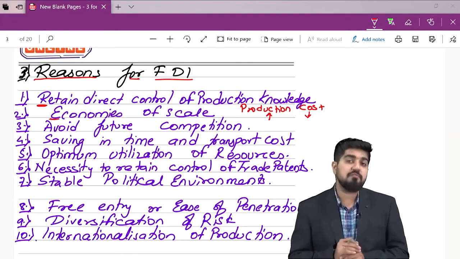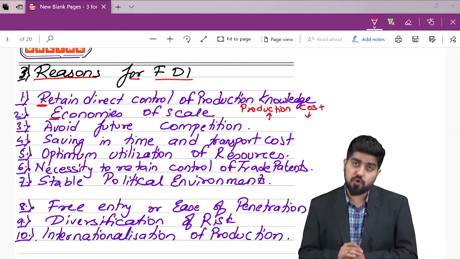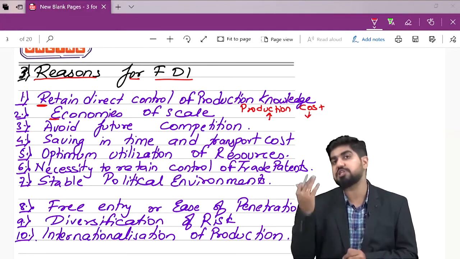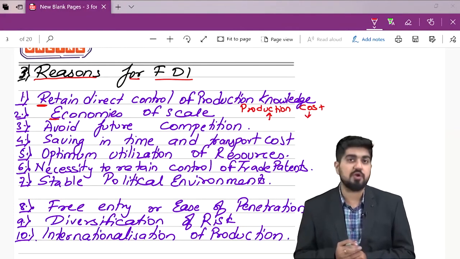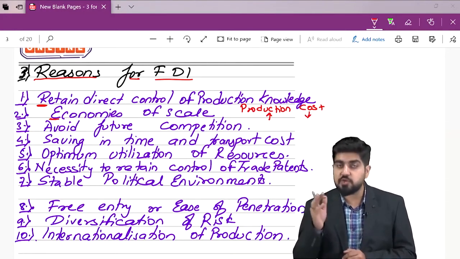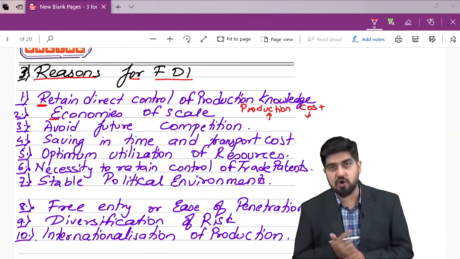Now, when we enter in some other country, why? Do you want to compete only in the current market scenario or you are a visionary? So of course, whenever you are investing so much of money, it would be taken care of that you will be investing so that you can emerge as a brand, as a monopoly in the long run.